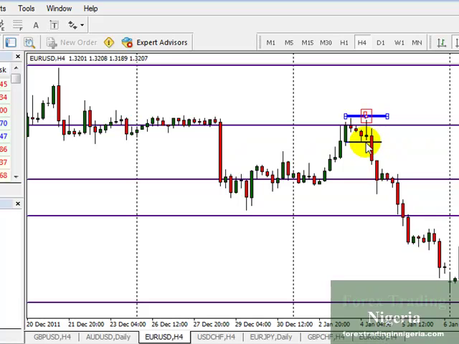So we place it here, and at the same time we place our stop loss above the signal bar. Our first take profit will be at the next support level, which is here, and the second support level, which is here, and finally it turns around here.